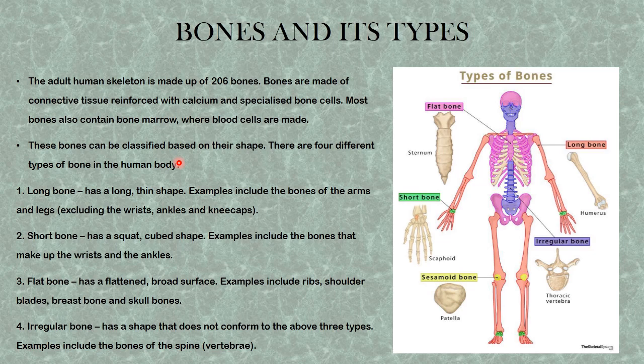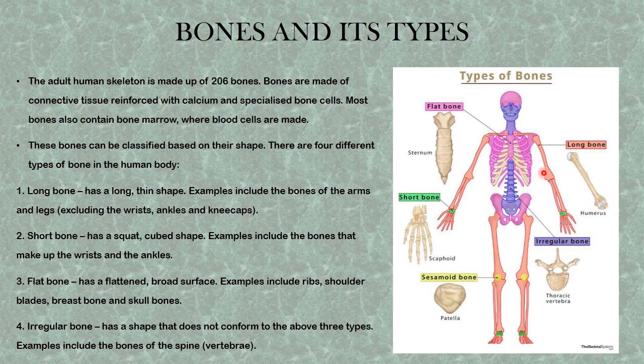Now these bones can be classified based on their shape. There are 4 different types of bones in the human body. Number 1, we have the long bone, which has a long thin shape. Examples include the bones of the arms and legs, excluding the wrist, ankles, and kneecap.